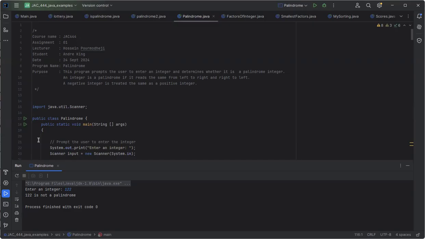If you enter a number like this, this is a palindrome because if you read it 1, 2, 3, 3, 2, 1 from left to right and right to left, 1, 2, 3, 3, 2, 1, it is a palindrome, right?